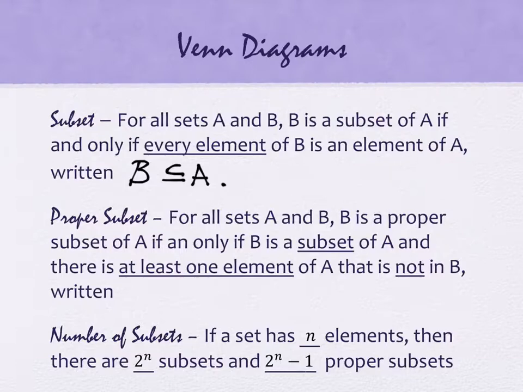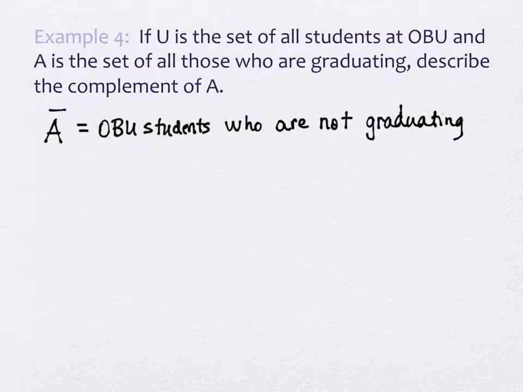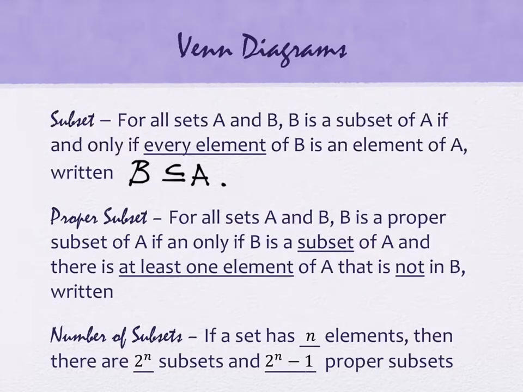So let me just describe over here. A, the graduating students at OBU, would be a subset of all the students in OBU. Right? It's already contained inside of it. Everything in the set, graduating students from OBU, is inside of the set that's all students from OBU. The notation here actually says that it could be equal to.